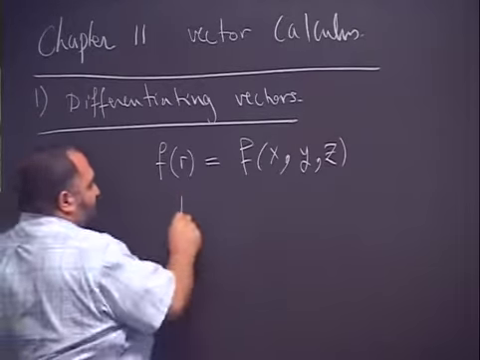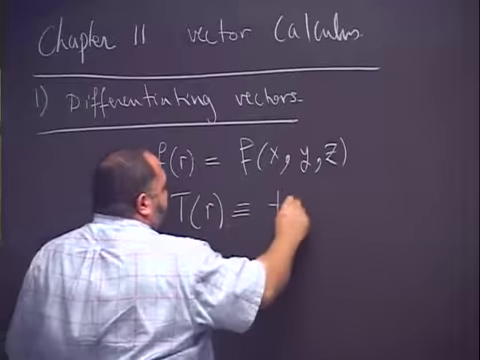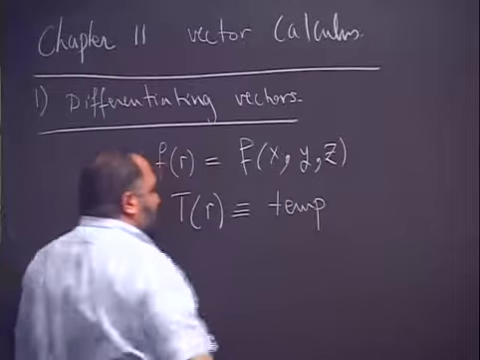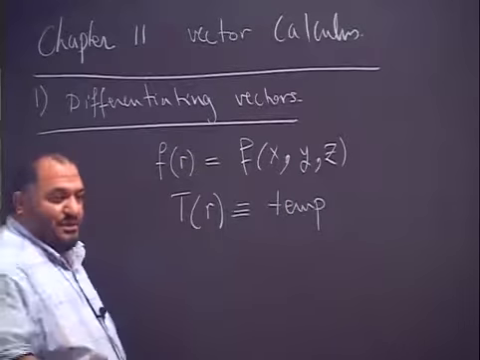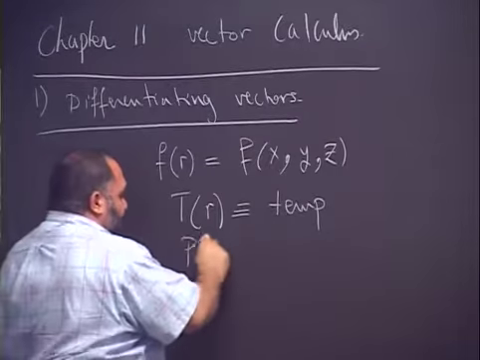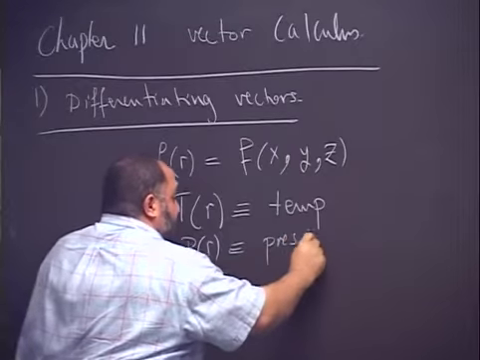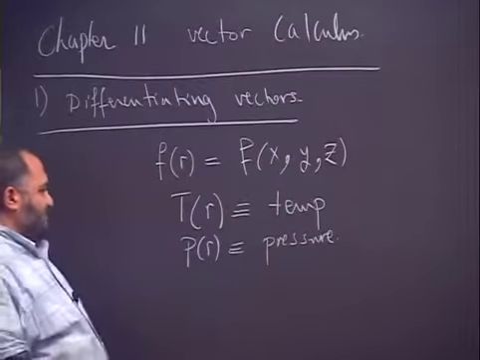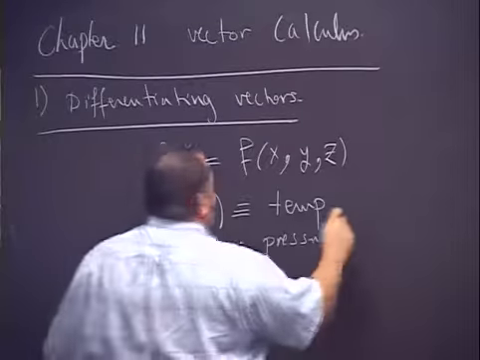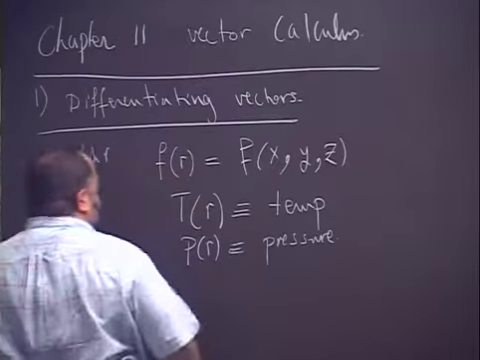Or T of r, which is the temperature in a field, where r might be x, y, and z, or P of r, where P is the pressure. Those are two examples of scalar functions. So this is a scalar function.